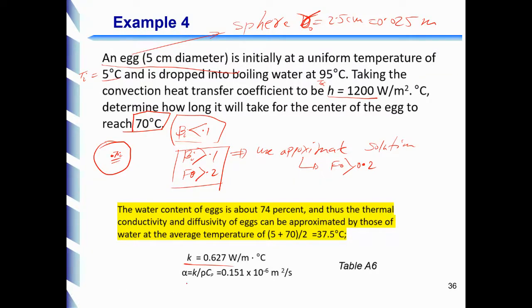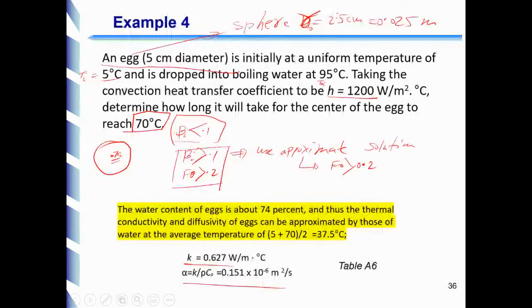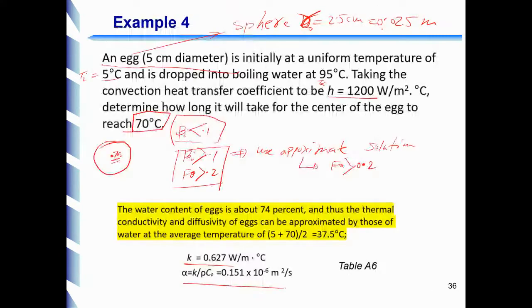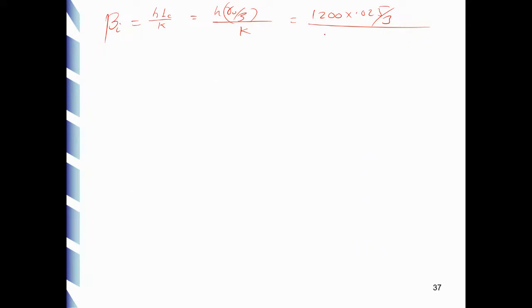K given, alpha value given. So first find the Biot number. Biot number equal to hLc by k. So it is spherical, Lc is R0 by 3. h is 1200, R0 by 3 is 0.025 by 3, k is 0.627.